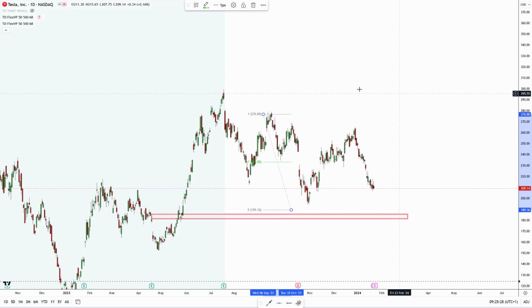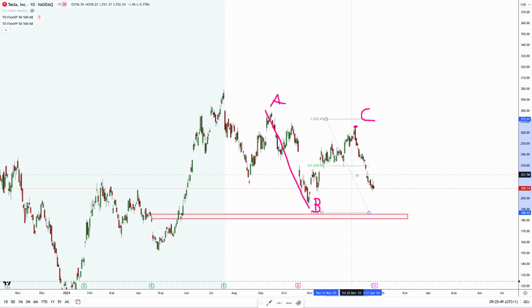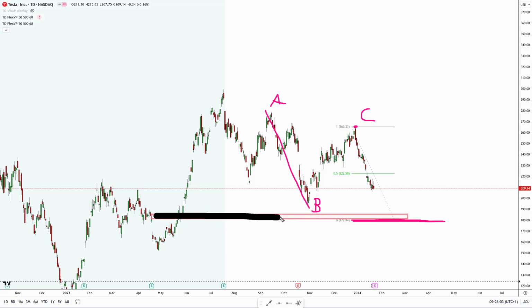By the way, you can also use the ABCD like this. Go from here to here, so this is the A, this is the B, then this right there will be the point C. So you take the Fibo again, measure the distance, and now it points to this level. Also very close to our support, which is here.